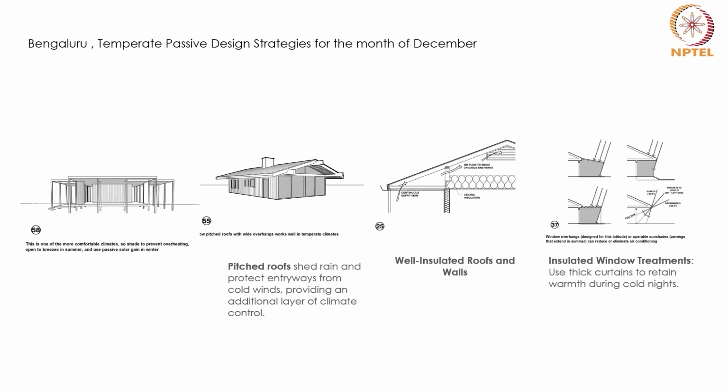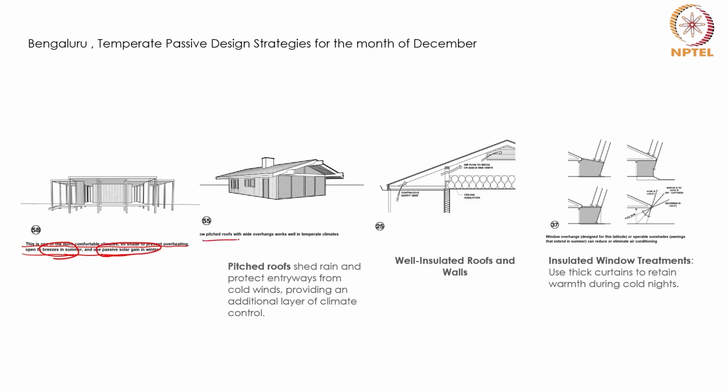So, let us see the strategies which are passive and must be adopted for Bengaluru for the month of December. This is one of the more comfortable climates. So, shade in order to prevent overheating and opening the building to summer breezes and using passive solar gain in winter is a good strategy.